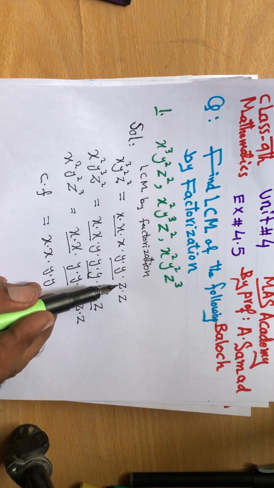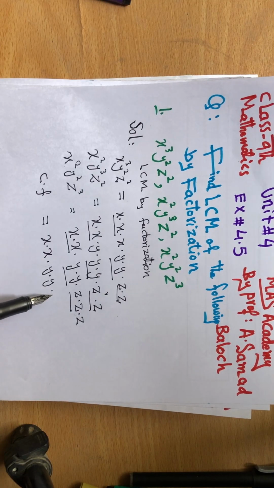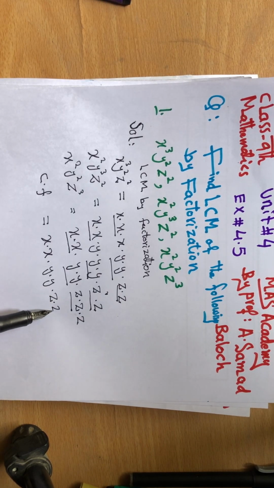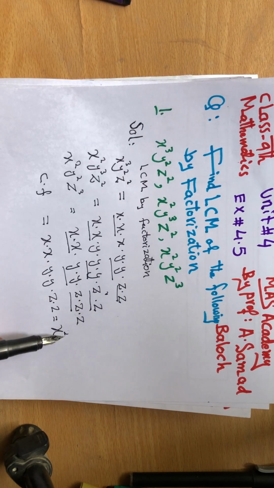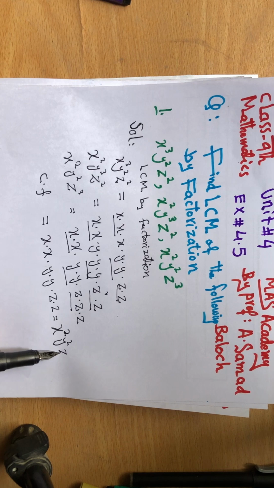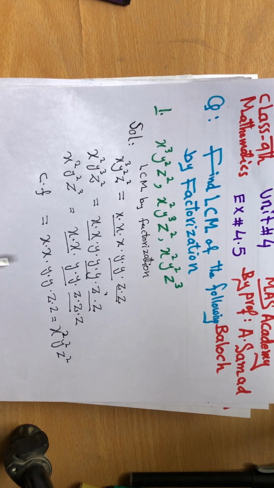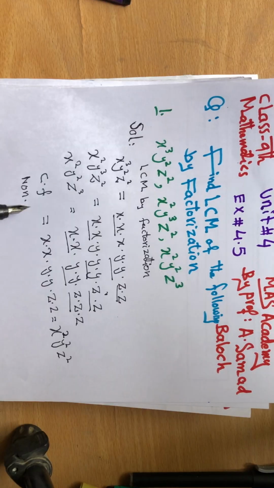Similarly, 2 z's are common in all three terms, so we write z multiplied by z. After that we multiply: x multiplied by x gives x square, y multiplied by y gives y square, and similarly z square.